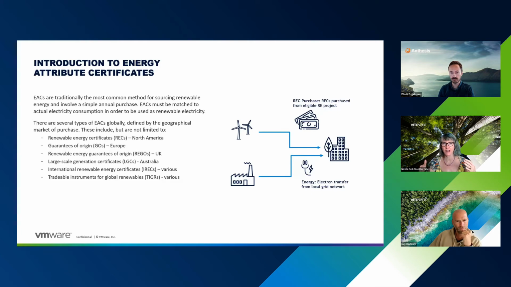That agency then creates these certificates, and then they say what the name is. So that's why we have IRECs and JRECs and RECs and GOs, REGOs, and all these different ones, right? Because they're the different regulating entities in the different markets for these certificates. Yeah, good clarification, Nicola.